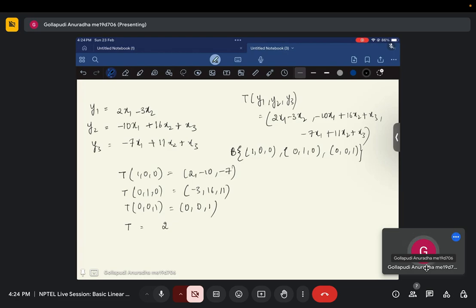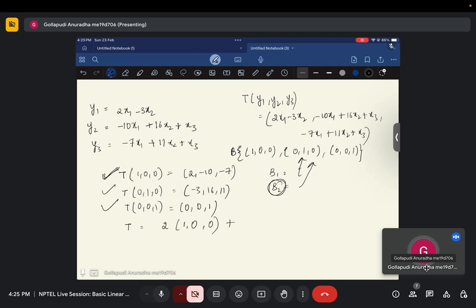If you take both bases as the standard basis, the calculation will be easier here. If you take the B1 basis and the B2 basis as the standard basis, then once you get T for the basis vectors, you take the linear combination in the basis of B2. It will be the same thing again.